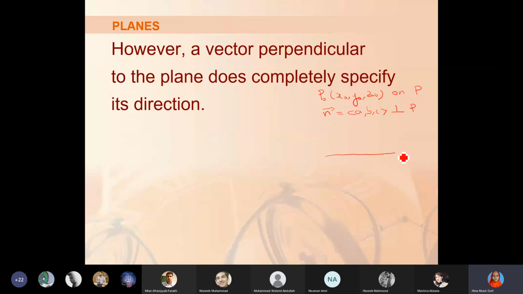So now I am going to derive the equation of the plane P. This is my normal vector, and here is my point x naught, y naught, z naught. So how to determine the equation of the plane? How to proceed?